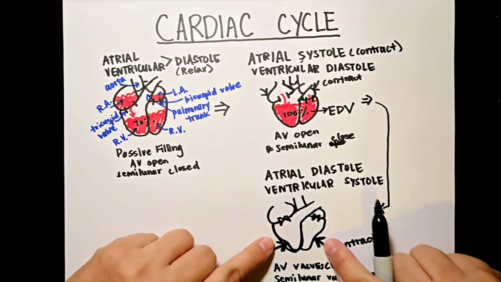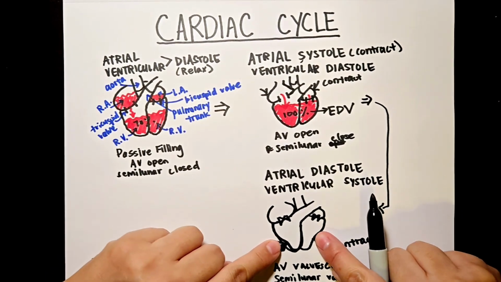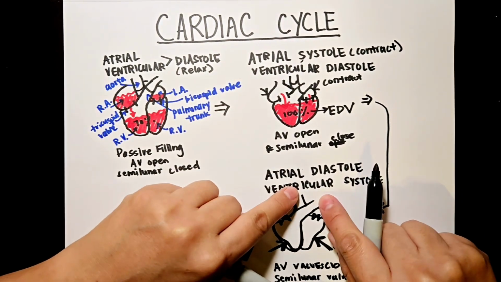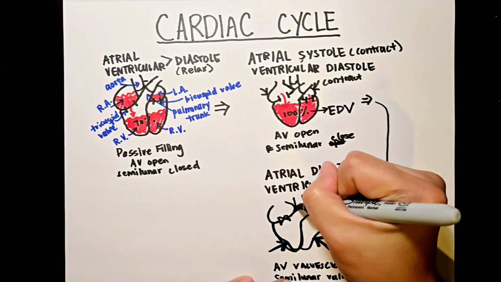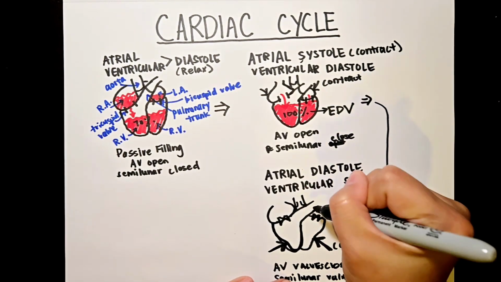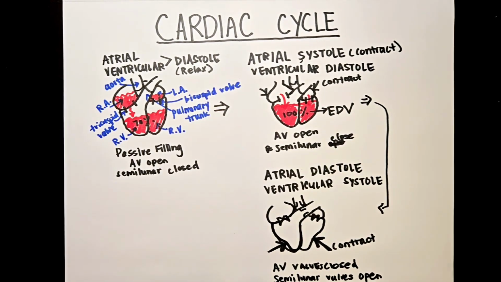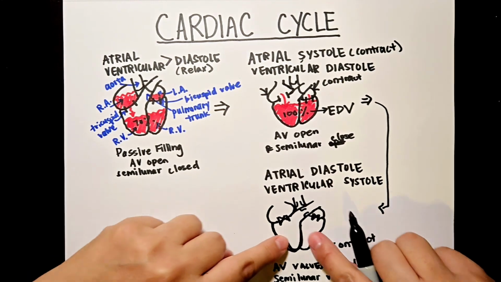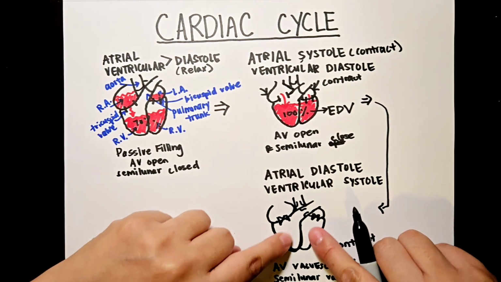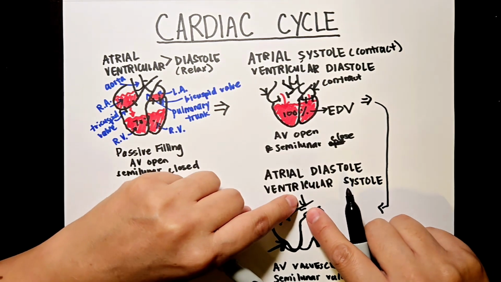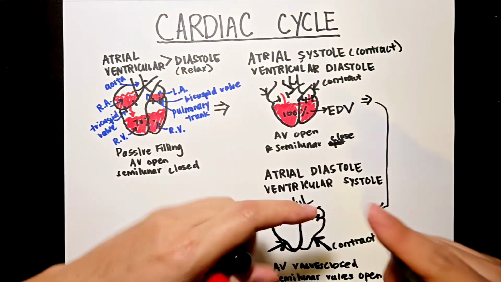Of course, ventricles have to build up enough force in order to push open the semilunar valve. So I'm going to show the aortic valve doing that and the pulmonary valve doing that, showing that now it is open. The ventricles have to generate enough force in order to push open these semilunar valves.